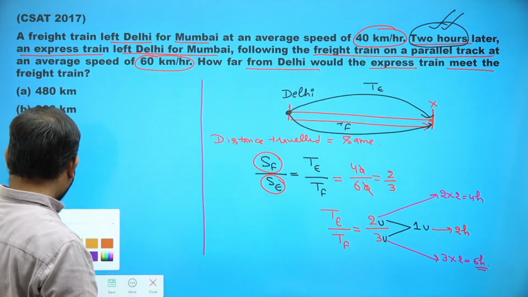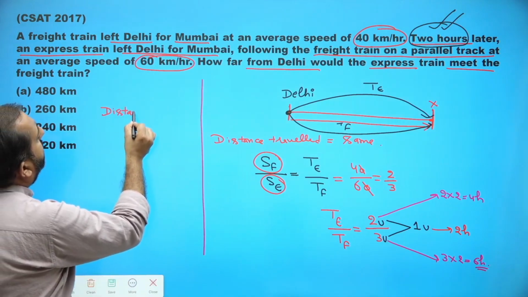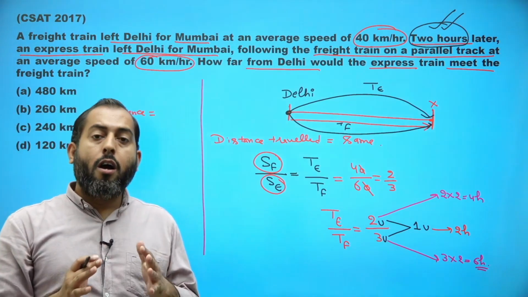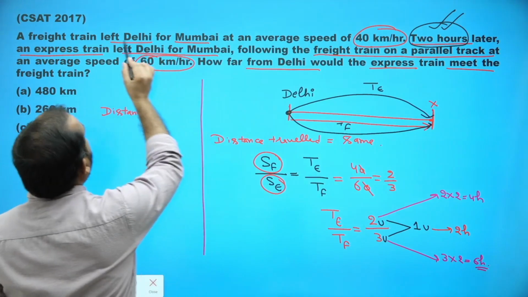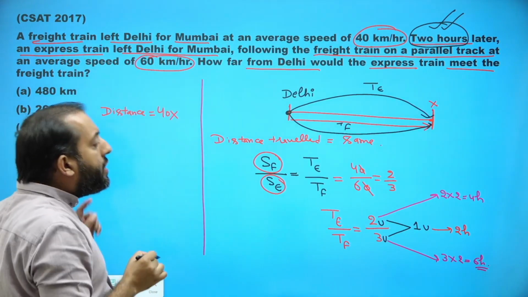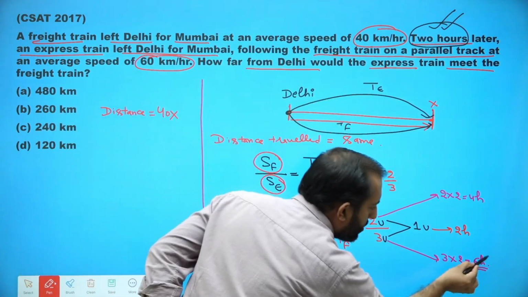Okay, now the distance of the meeting point from Delhi should be equal to the speed of the freight train, which is 40, into the time taken by the freight train to reach that point, which is 6 hours.